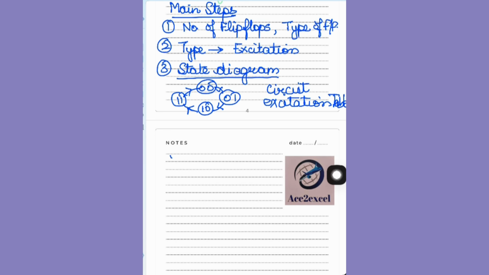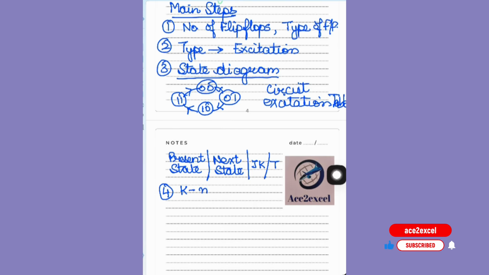A circuit excitation table will talk about present state, next state, and the flip-flop, whichever is used. If it is JK, then JK. If T is used, then T. Those are the main columns of a circuit excitation table. And step 4, with the help of K-map, you will design the circuit.